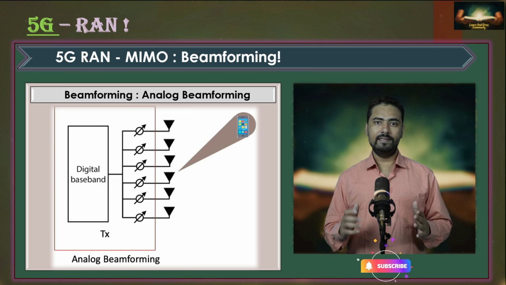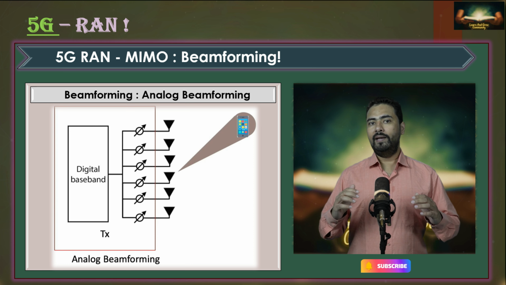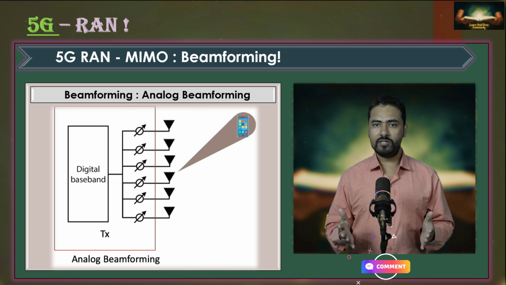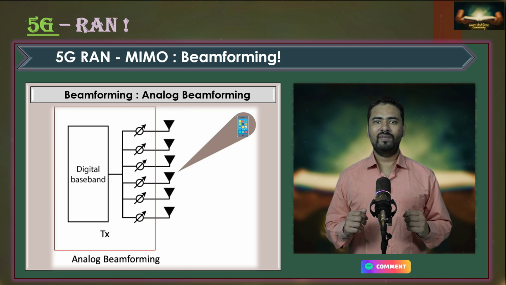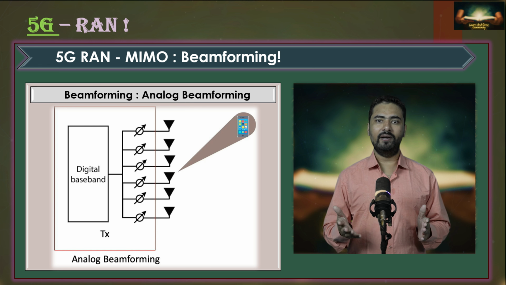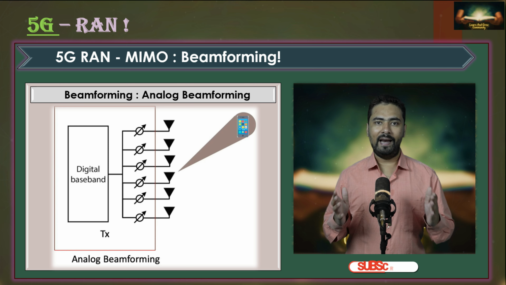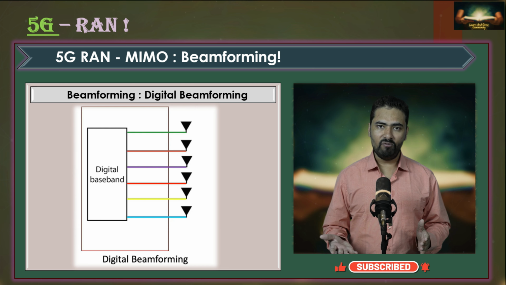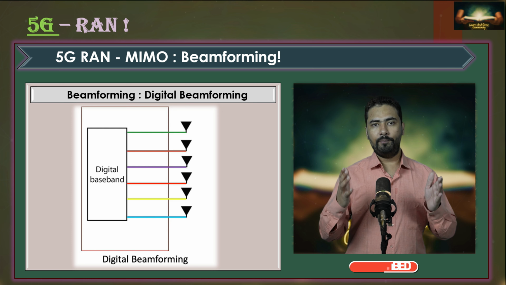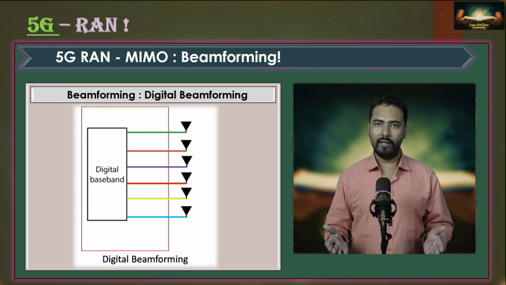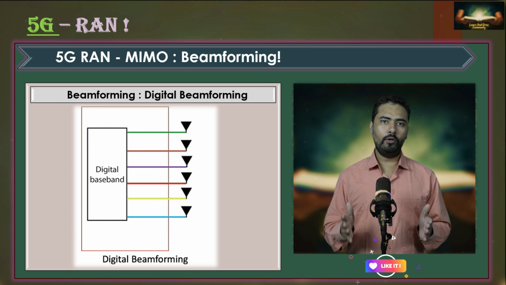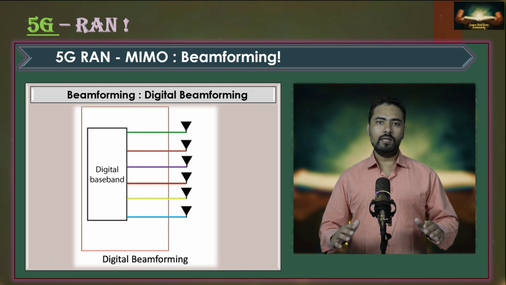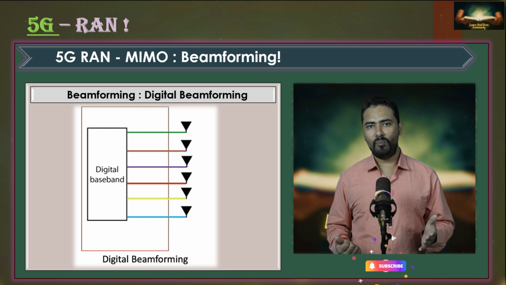The first method is analog beamforming. In analog beamforming, the phase of individual antenna signals is adjusted in the radio frequency domain. This adjustment influences the radiation pattern and the gain of the antenna array to provide enhanced coverage. In digital beamforming, which is also called baseband beamforming or precoding, the signal is precoded during the baseband processing before the RF transmission. It means the processing occurs in the frequency domain.